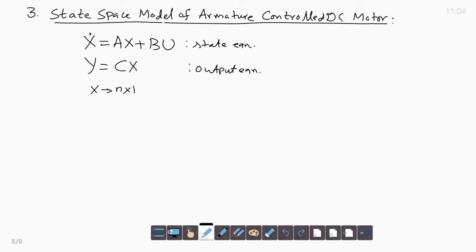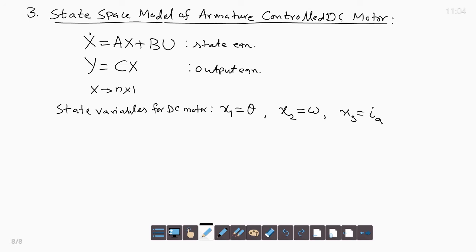For the DC motor, we consider the state variables: first x1 is theta, the position of the rotor, x2 is omega, and x3 is the armature current Ia. Three state variables we choose.